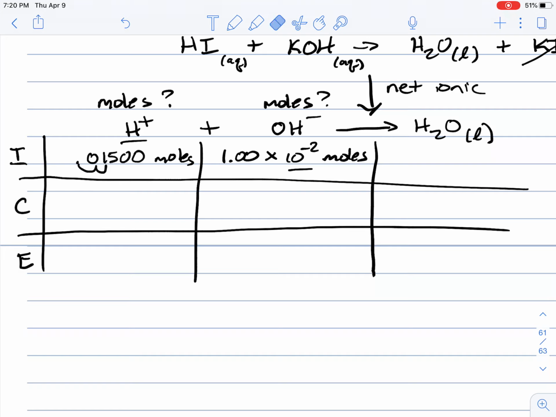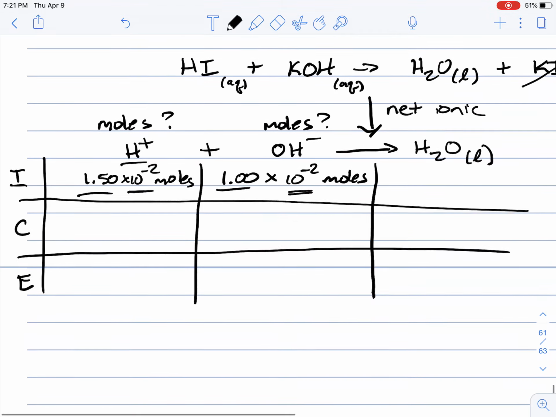And so I'm going to get 1.5 times 10 to the negative 2 moles. I'm now going to look at the magnitude. The magnitudes are the same, so I'm just going to compare the value. And so 1.50 is greater than 1.00.